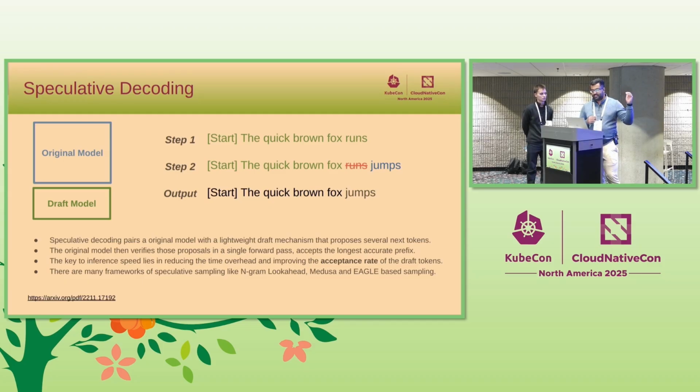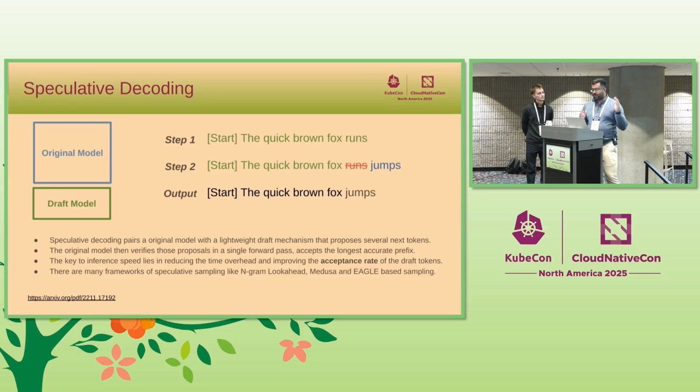And then in step 2, the original model verifies these proposals in a single forward pass, then accepts the prefix that matches its own predictions. If none of them match, it discards all the draft tokens to generate at least one new valid token. So basically, in a single forward pass, you generate at least one token, which is equivalent to the previous situation.